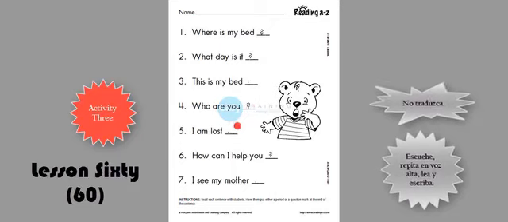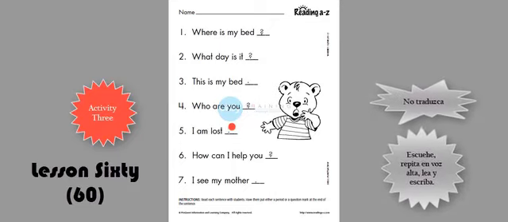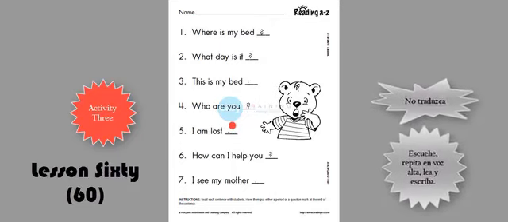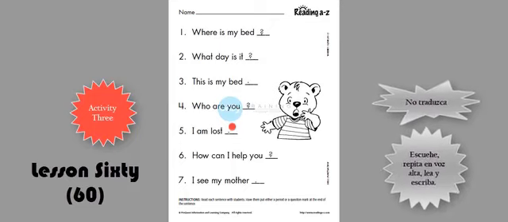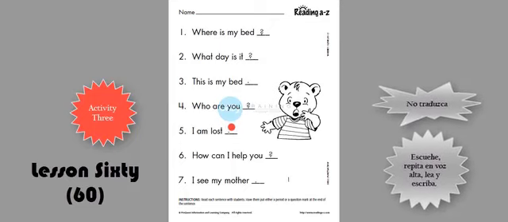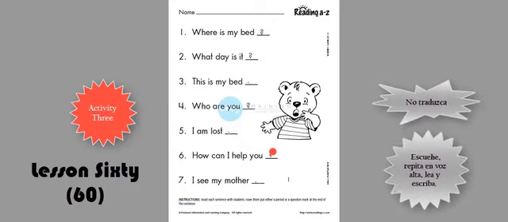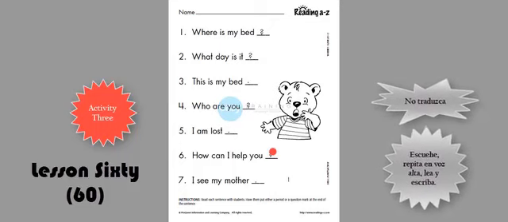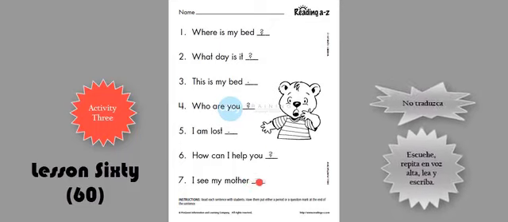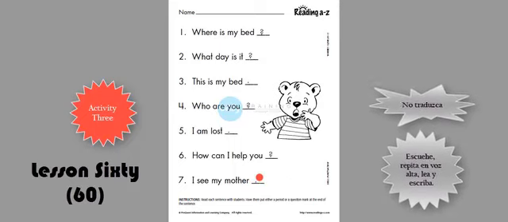I am lost. This is not a question. This is a statement. So it finishes in a period. How can I help you? This is a question. This question must be ended in a question mark. And finally, I see my mother. A sentence finishing in a period.